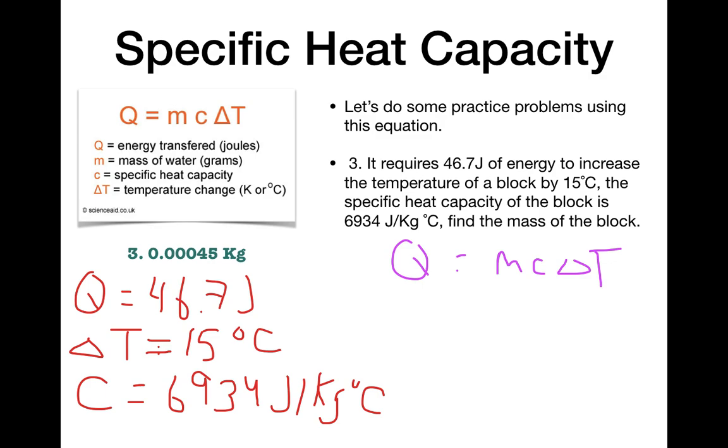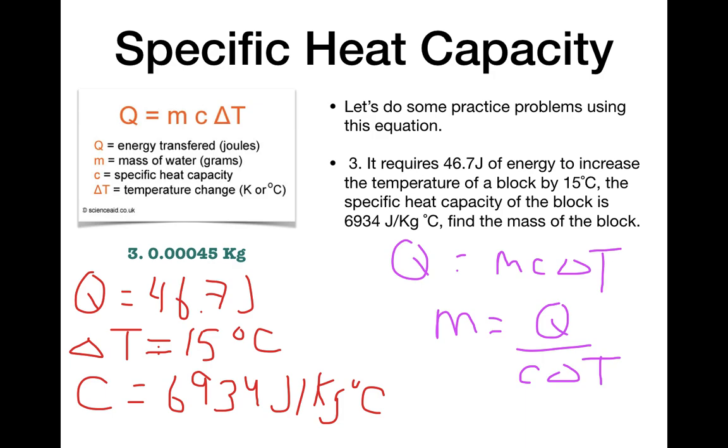What I'm going to get is M is equal to C delta T divided by, no, I'm doing it again. Okay. M is equal to Q divided by C delta T. There we go. That took way too long.